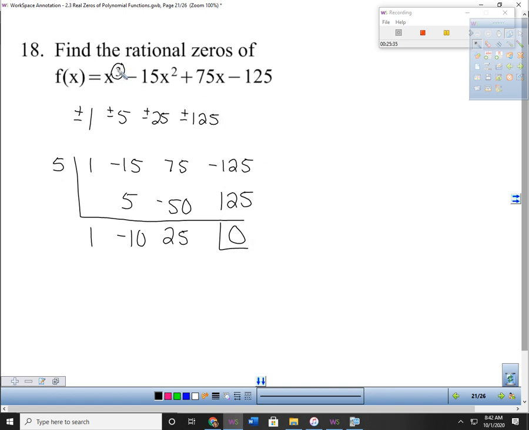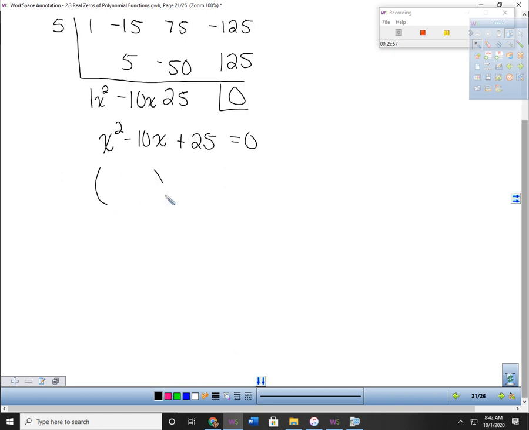So since I started with x to the third, then this would be x to the second, and then minus 10x plus 25. And if you need to write that so that you have all your signs, then that's fine. So we're going to factor.